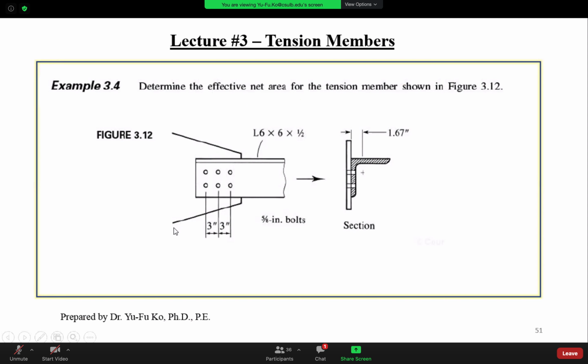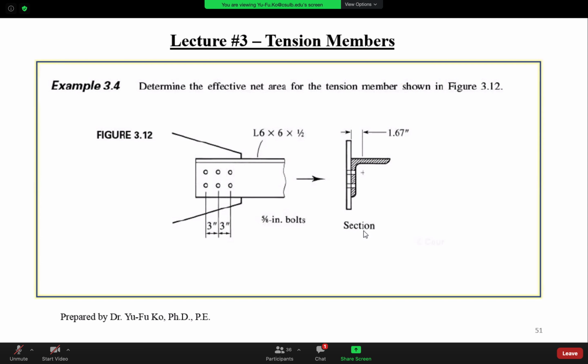So this is a gusset plate, and this is a tension member, which is a 6 by 6 by 1/2 angle. And then the bolt diameter is 5/8, and the spacing between the bolts is 3 inches along the loading direction.